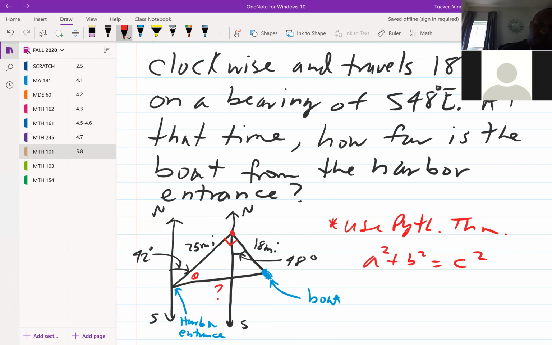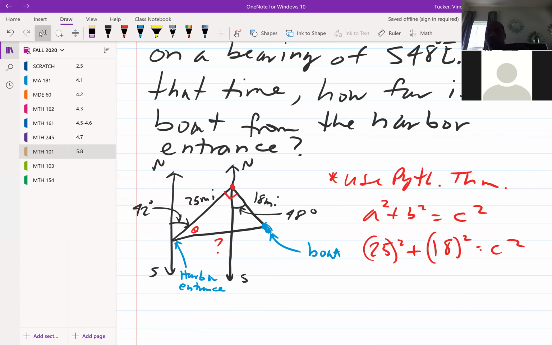So that's the one we're looking for. So that'll stay what it is. We'll use the 25 and the 18. 25 squared is 625. But what is 18 squared? 324.